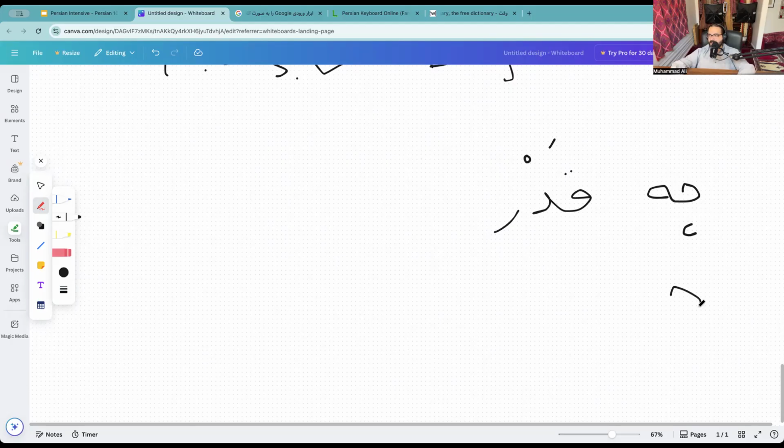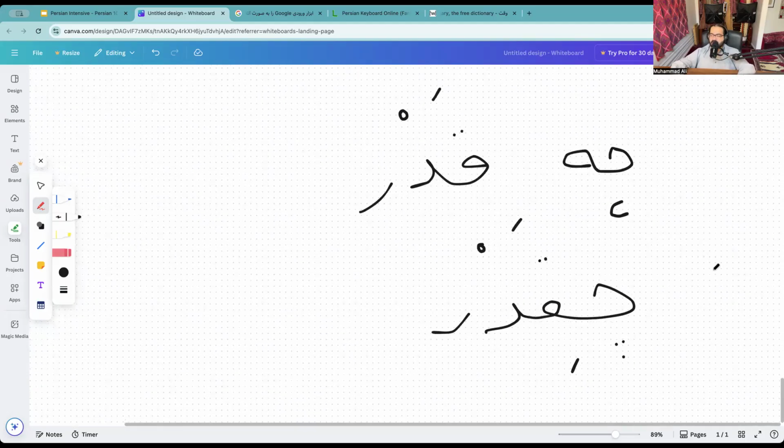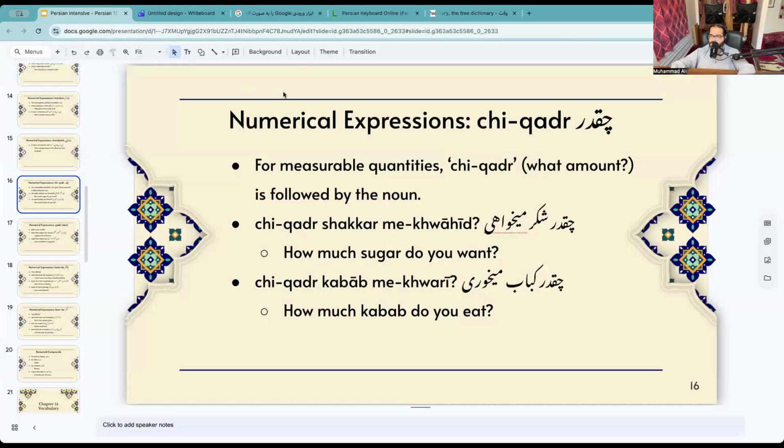And then you just combine them because you don't need the silent he anymore. The silent he can exist as this vowel when you attach it to a word, and it would be wrong if you didn't remove it. If you add the he, it would be cheqadr, which is wrong. So we have cheqadr, what amount?